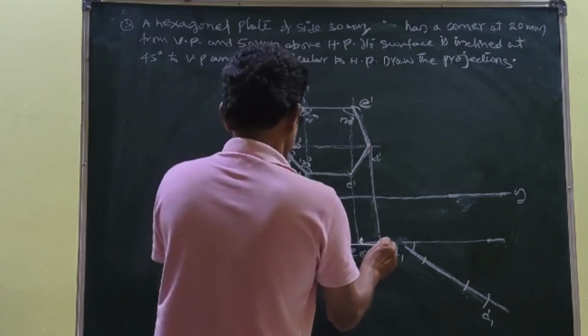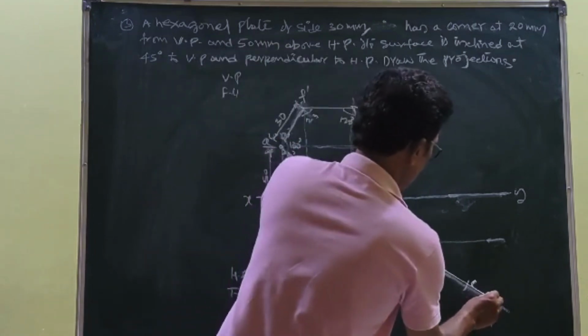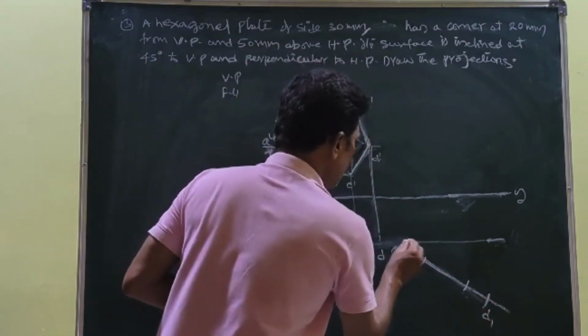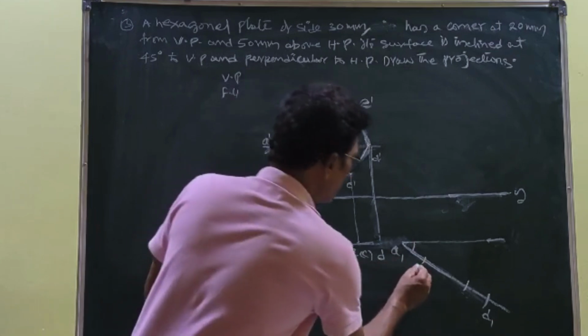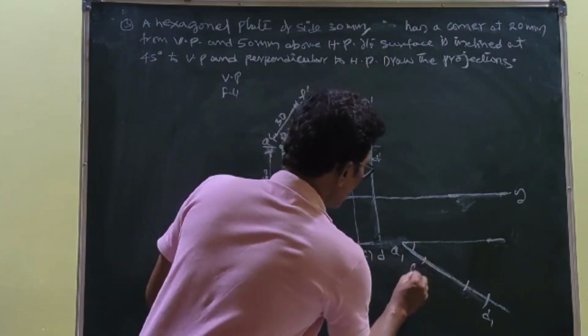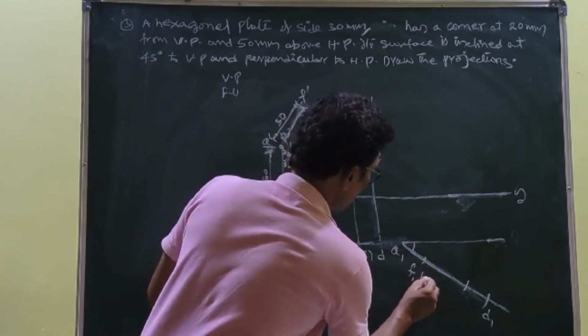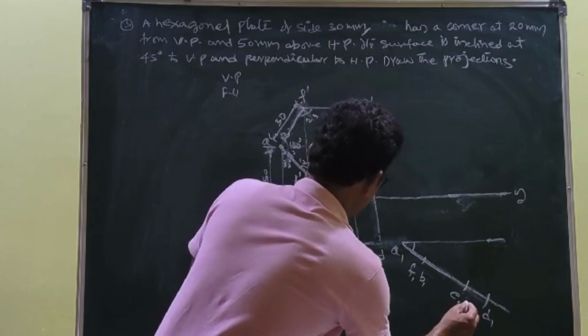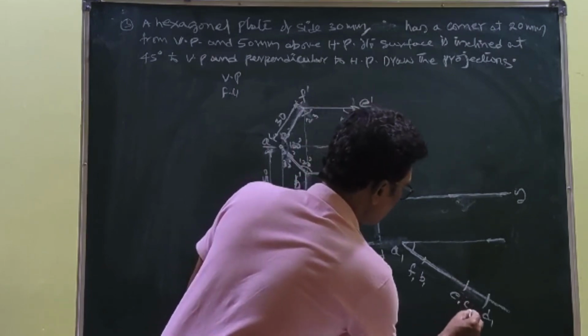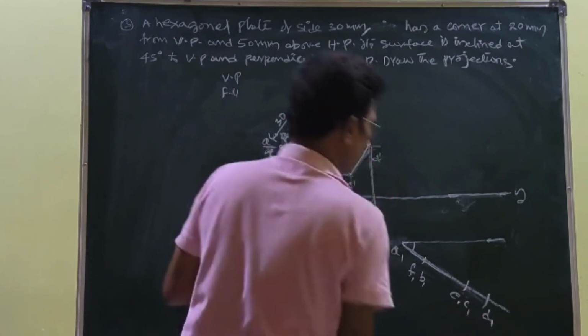Automatically, this is the same already. This is equal to this one. Okay, this part is over. Now you will give the names. This is A1, this point is F1, B1. This is E1, C1. This is D1.